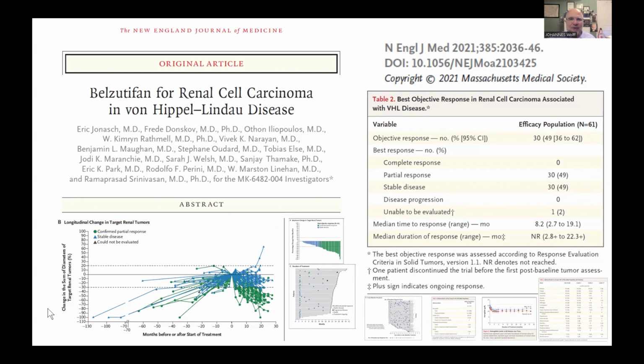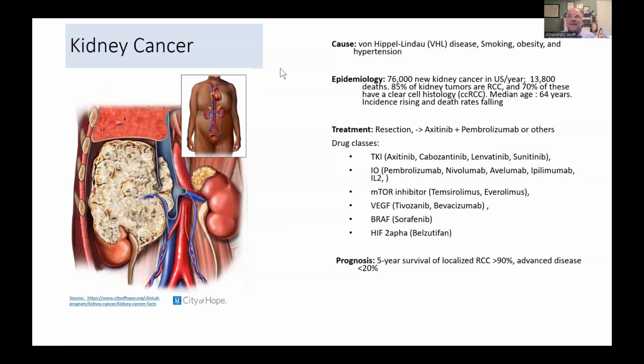We'll talk a little bit about the spider plot in a moment, but before we do this, let me give you the background of renal cell carcinoma and belzutifan. Kidney cancer, clear cell renal cell carcinoma. Allow me one slide of medicine among all our drug development video.